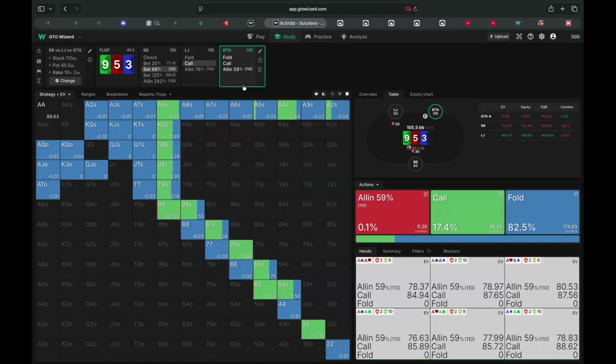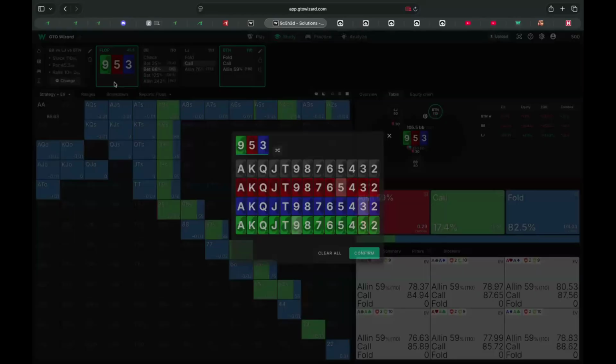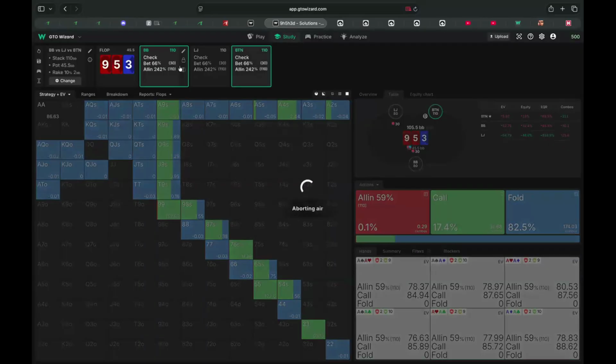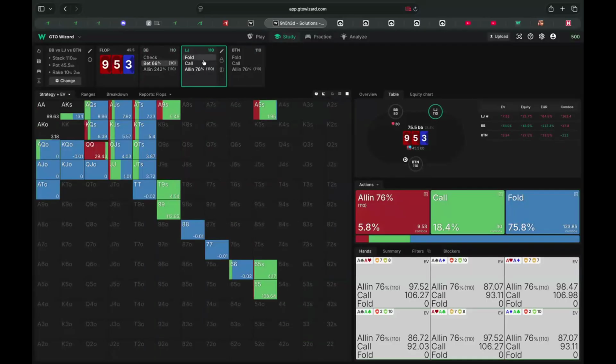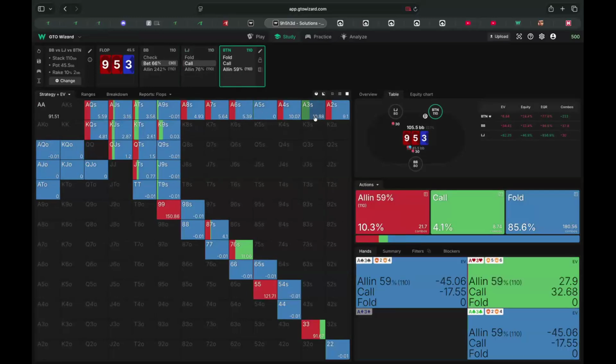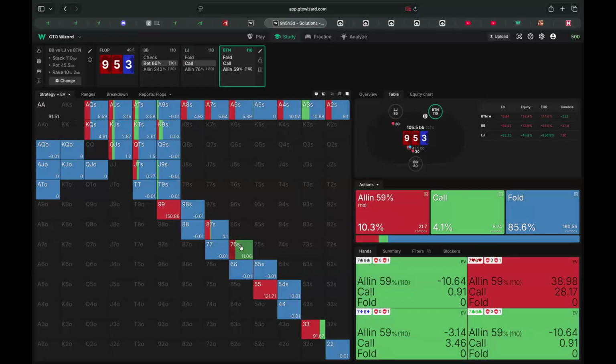I guess it just really wants to run its equity with a flush draw, the nutted flush draw, equity over two cards, and the three has got some showdown already.